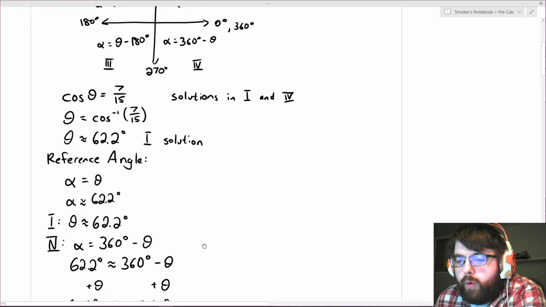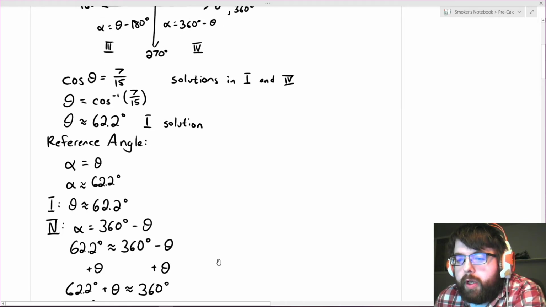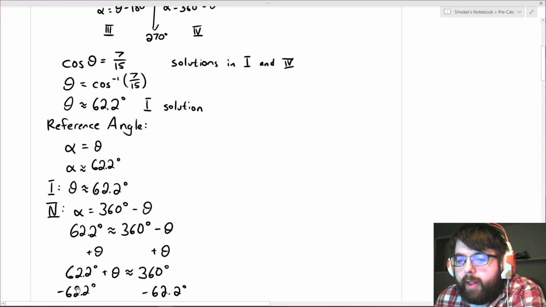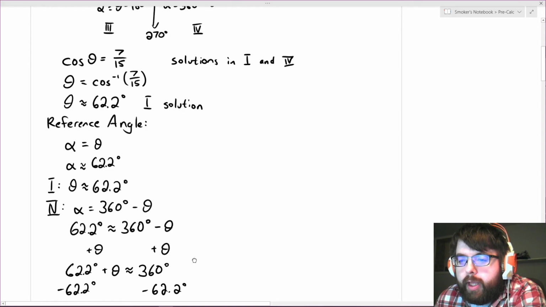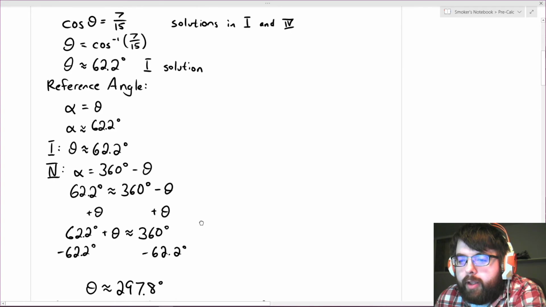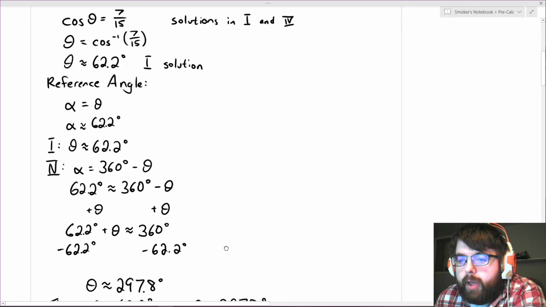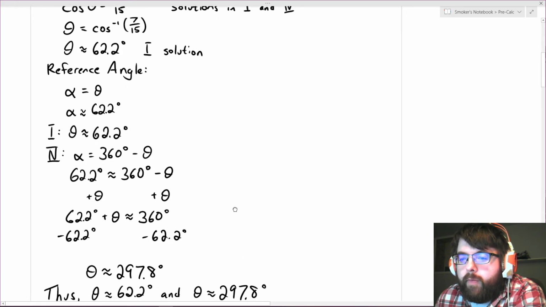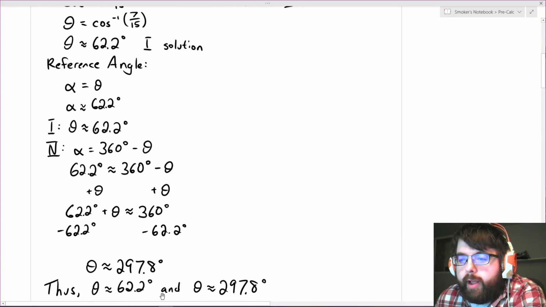What value of theta gives me 62.2 here? I do that by adding theta to both sides and then subtracting 62.2, and I get 297.8. Then I'm going to summarize it here at the end one last time, with both listed after the reference angle.